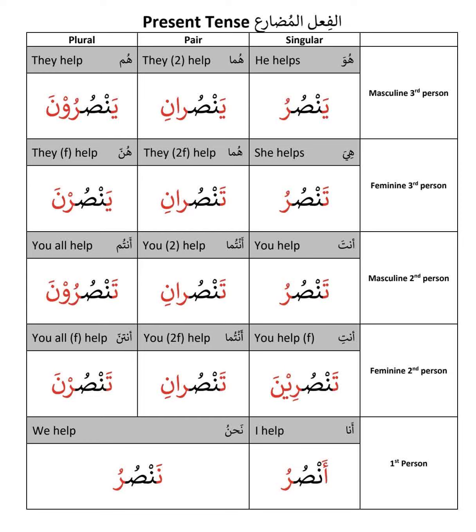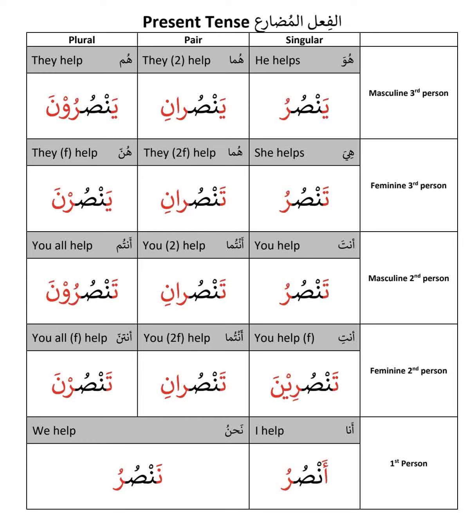Tansuru means you help. Tansurani means you both help. Tansuruna means you all help. Tansurina means you, a feminine, help. Tansurani, you both feminine help. Tansurna means you all feminine help.